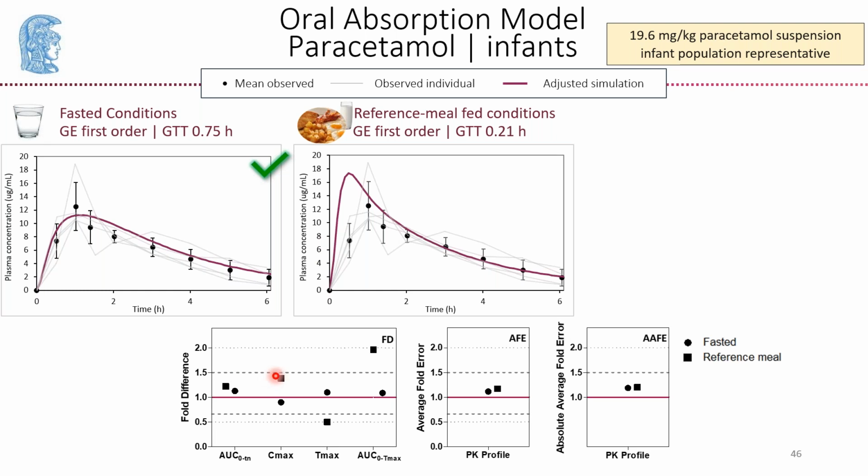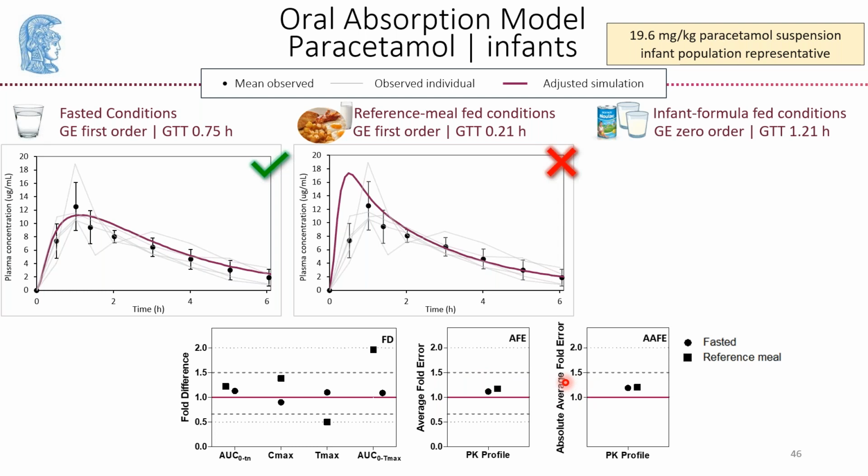So we can see our Cmax is overpredicted, Tmax is underpredicted, and the partial AUC is on the borderline of a twofold prediction error. Again, average fold error and the AAFE were not really affected.